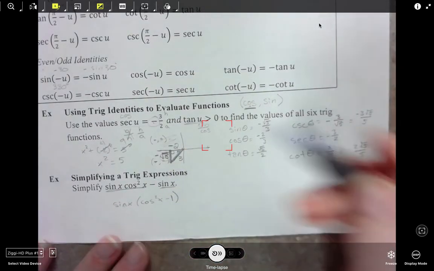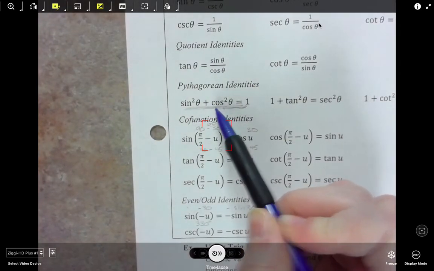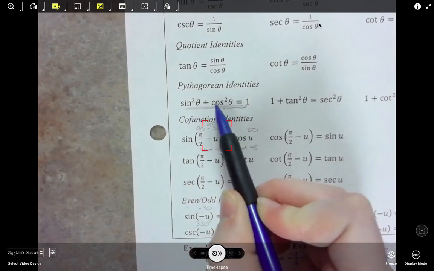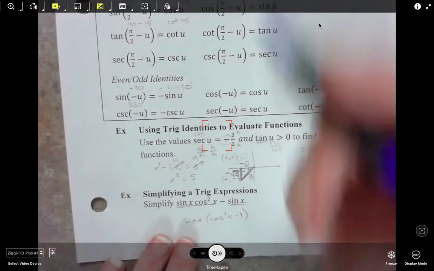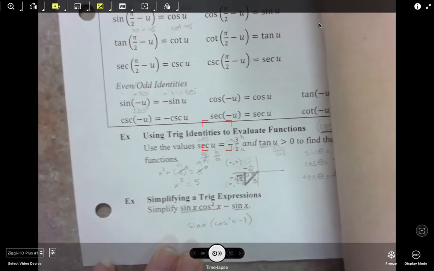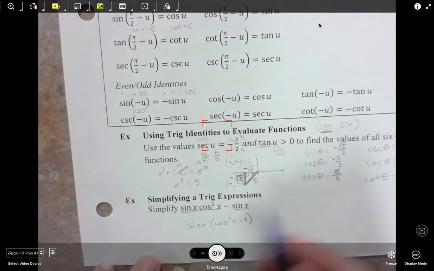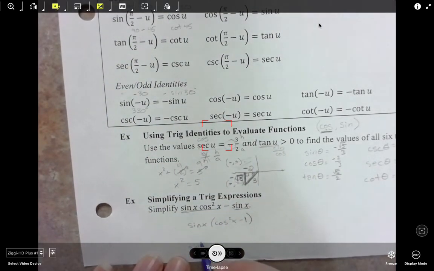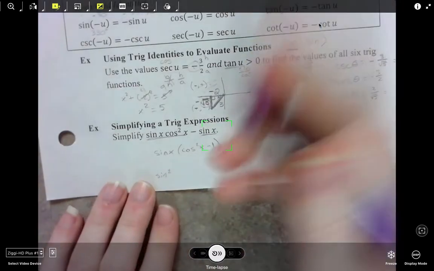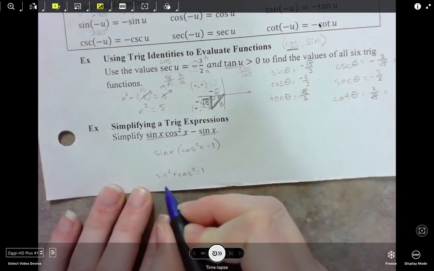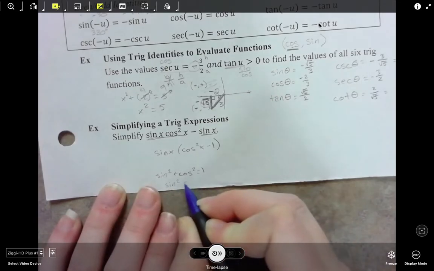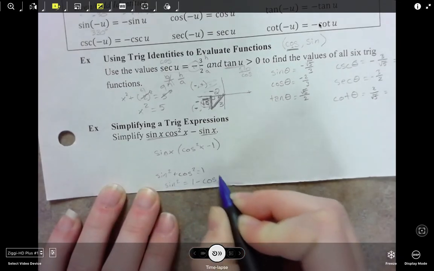Well, from our Pythagorean identities above, we have that sine squared plus cosine squared equals 1. So if I'm looking at cosine squared minus 1, I know that sine squared plus cosine squared equals 1. If I'm solving for sine squared, that equals 1 minus cosine squared.